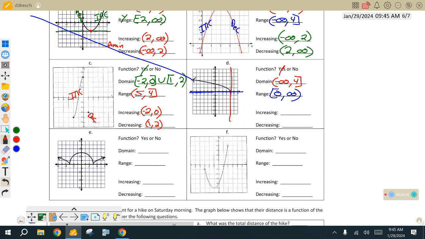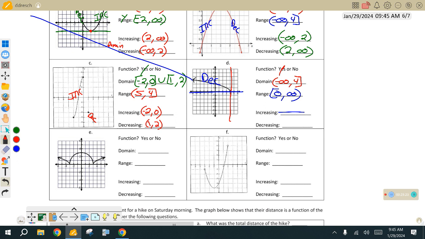Now, so far we've seen increasing and decreasing. What's the only thing your eyes are doing on this one from left to right? Decreasing. This one is not doing anything with increasing. We read it from left to right, so this is not increasing at all.